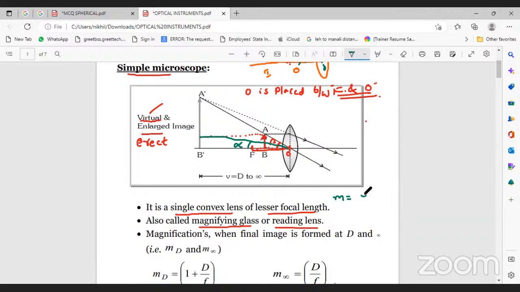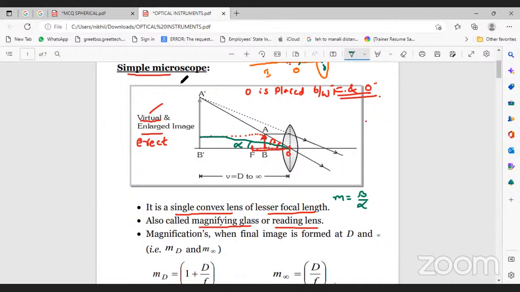Now, how to find the magnifying power for this? It is nothing but beta divided by alpha, right? And if this beta and alpha are very small, I can take beta as tan beta and alpha as tan alpha.